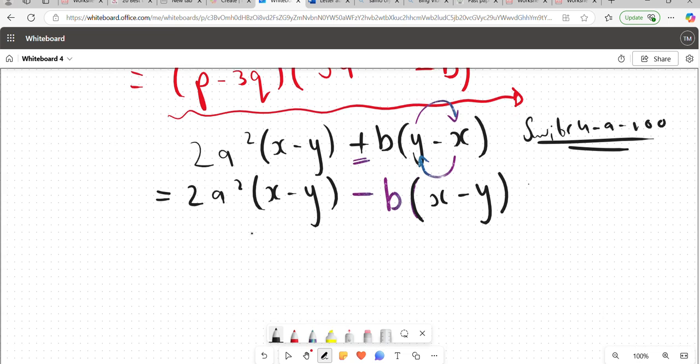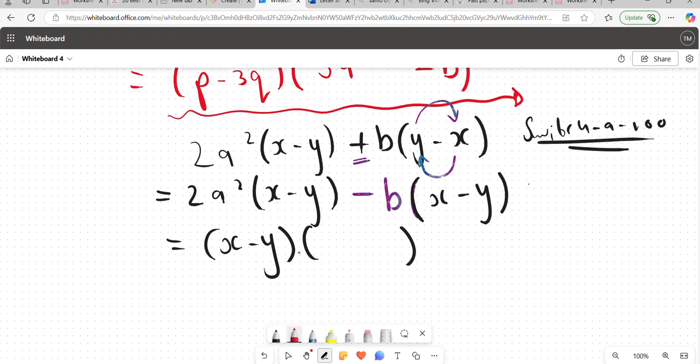And now that the brackets are the same, I could just easily take out the common bracket, which is the x minus y. And again, if it's gone there, what was left multiplying it? It's the 2a squared. If it's gone there, what was left that was multiplying it? It's the minus b. And there we go.